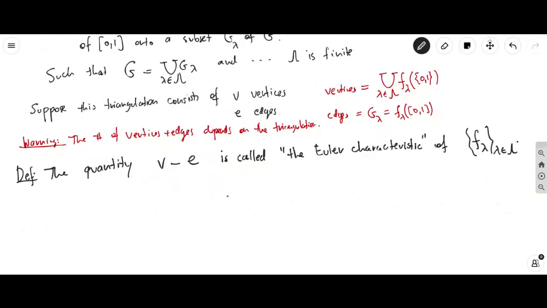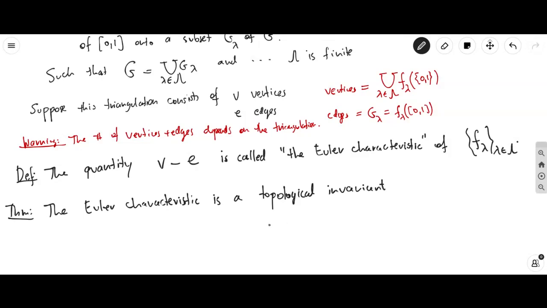And what is amazing is you can write this as a theorem. It's actually not that difficult to prove, but it's a surprising result. The Euler characteristic is a topological invariant, i.e., it only depends on the topology.